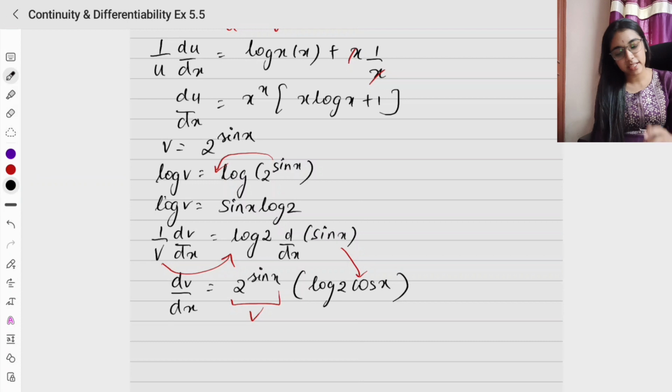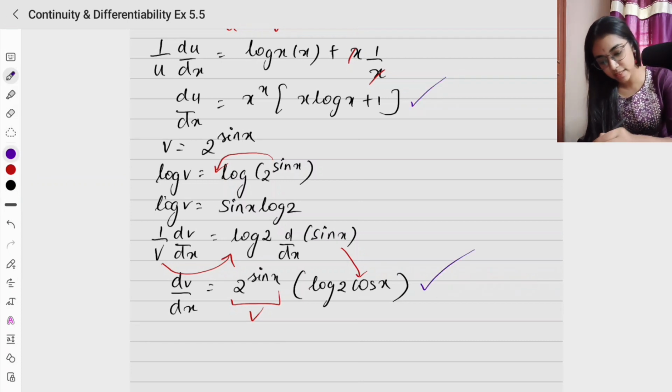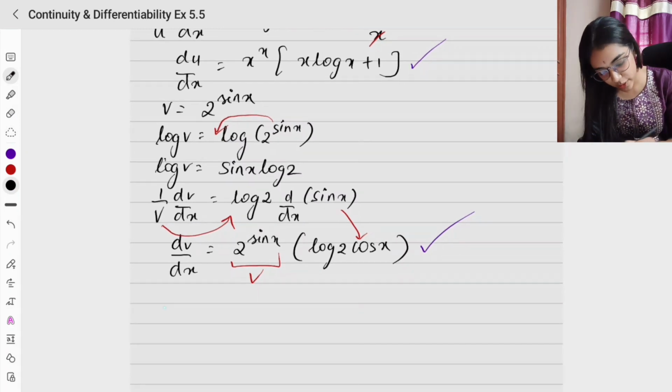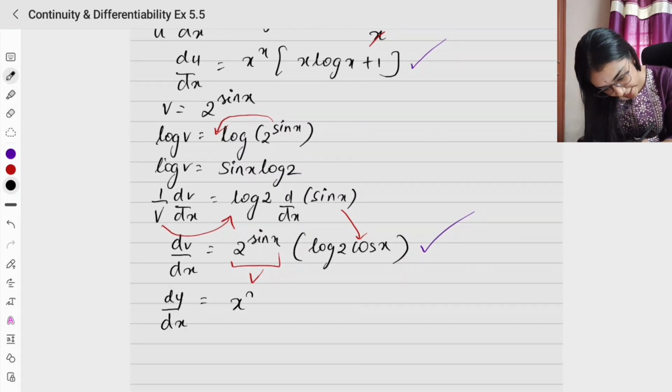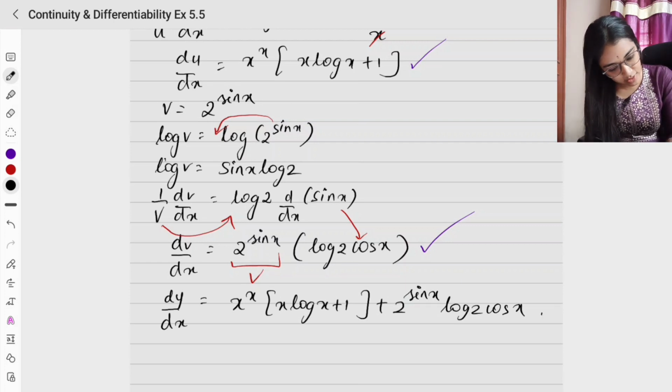So I have found du by dx and I have found dv by dx. This is my du by dx, this is my dv by dx. I'm going to add them to get the final answer. So what do I have? dy by dx equals x to the x times x log x plus 1, plus 2 to the power sin x log 2 cos x. So this is my final answer.